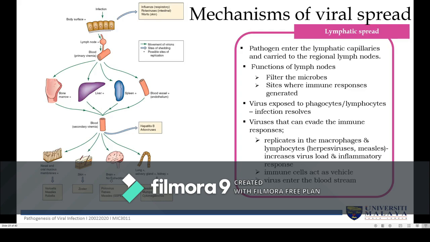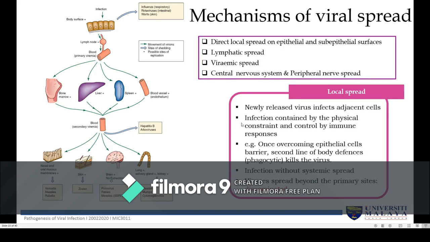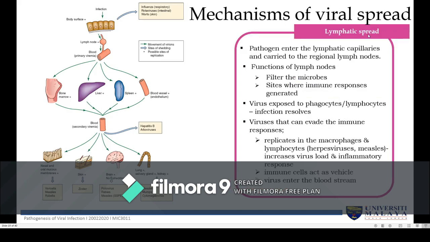If they can evade the immune response and the physical constraint, they can spread to the lymphatic vessels and lymphatic capillaries, as you can see here. They can go to the lymph node nearest to the infection site. For example, in the skin, if it goes to the dermis, epidermis or hypodermis, there are lymph capillaries and also blood vessels.